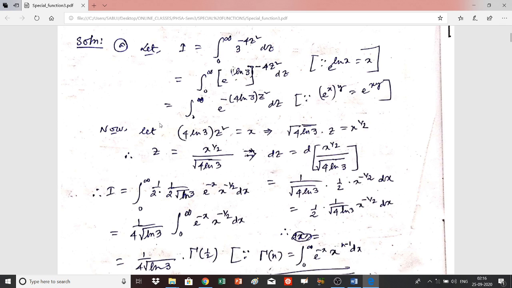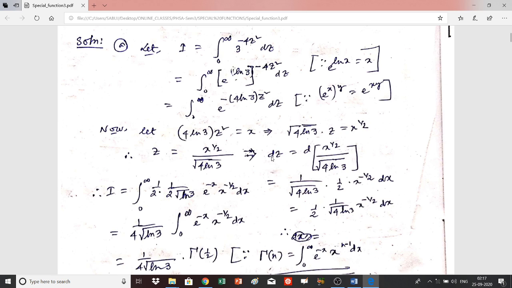Now we substitute 4 log 3 z square as x. From here you can find that root x, or x to the power half, is equal to root over 4 log 3 into z, and from here you easily find z is equal to x to the power half by root over 4 log 3.